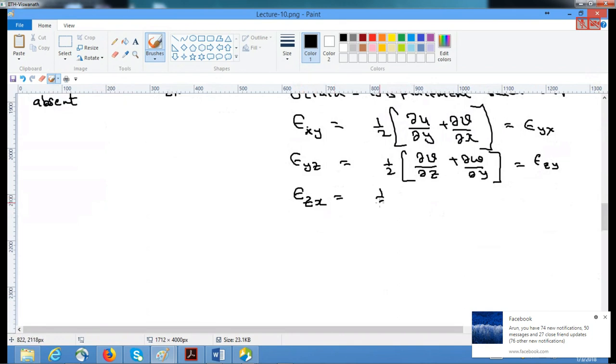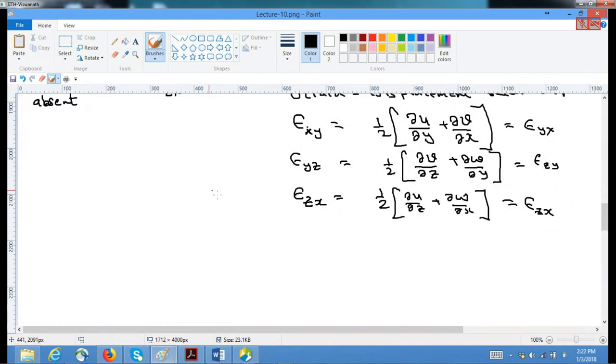Dou u by dou z plus dou w by dou x gives epsilon zx. Similarly, epsilon xx is equal to dou u by dou x, epsilon yy is equal to dou v by dou y, and epsilon zz is equal to dou w by dou z.